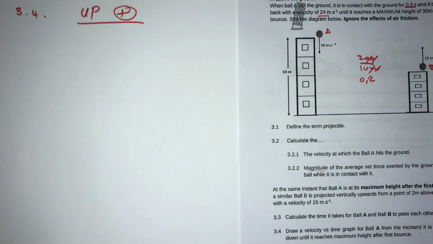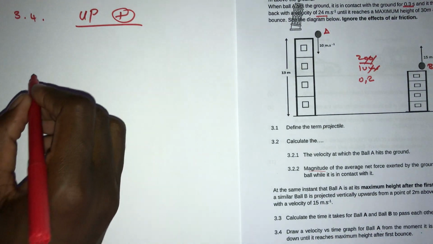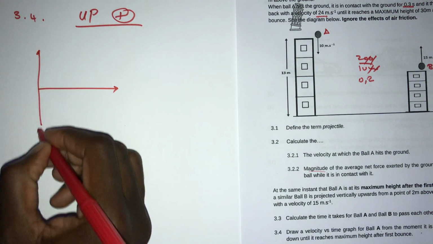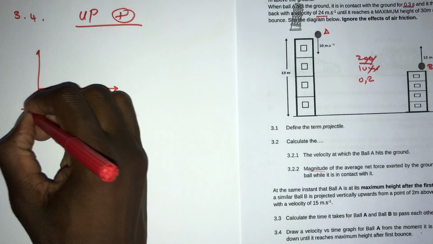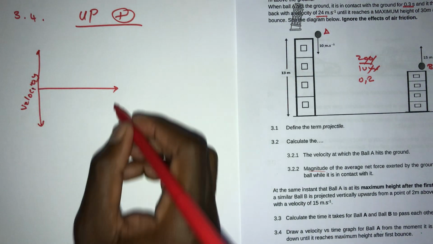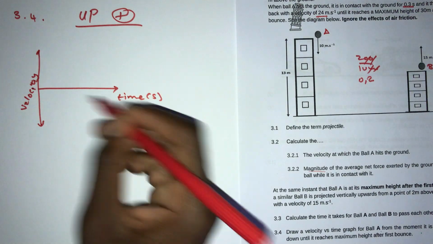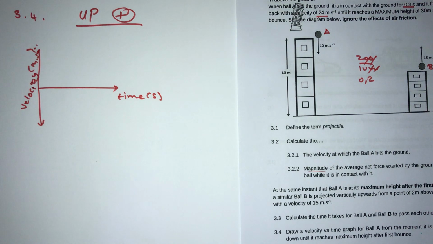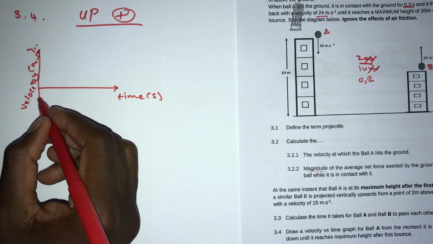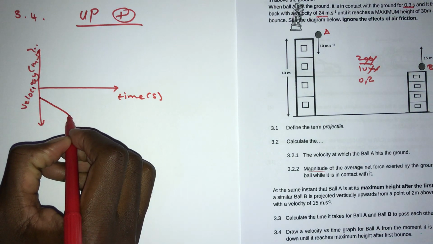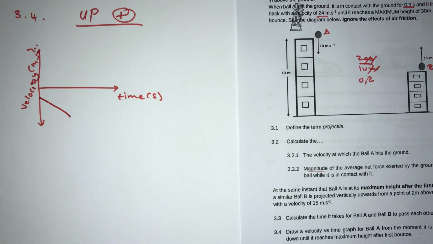We take up as positive. So now, since we took up as positive, this is our graph. So remember, here is velocity, in meters per second, and then here is time in seconds. Since we took up as positive, this is ball A. Oh, sorry, it's going down, since it was projected vertically downwards.